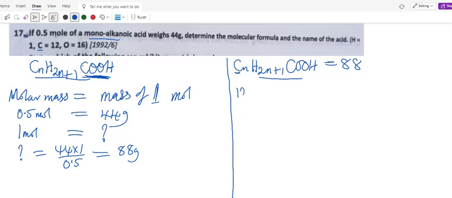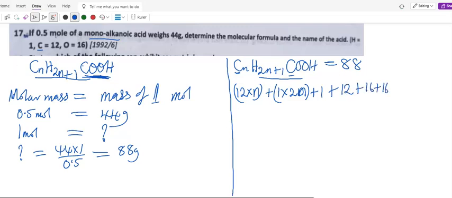So we have 12 times n plus 1 times 2n plus 1, because the atomic mass of hydrogen is also 1, plus the atomic mass of carbon, 12, plus the atomic mass of oxygen, 16 plus 16 plus 1. Everything is equal to 88.